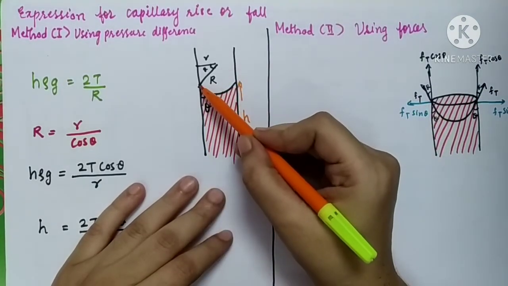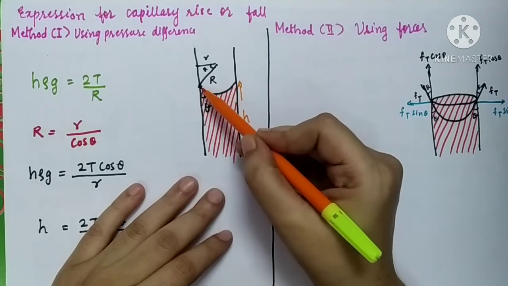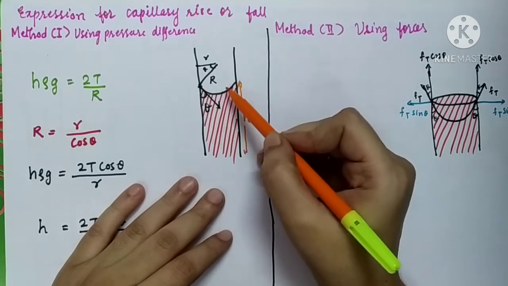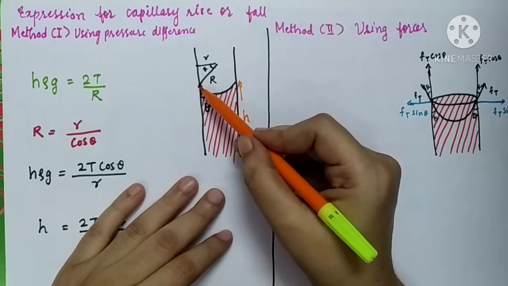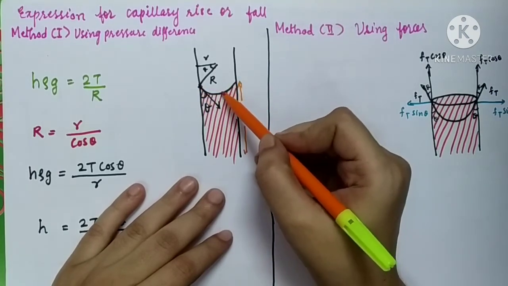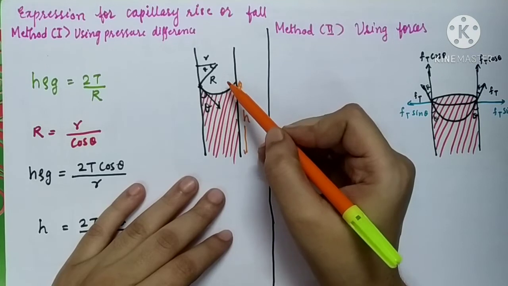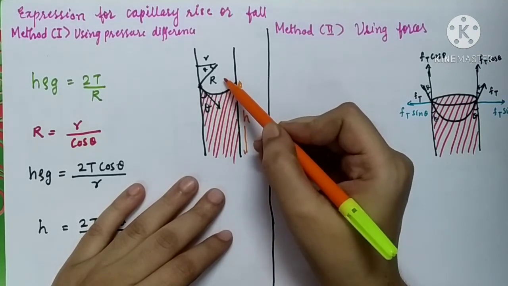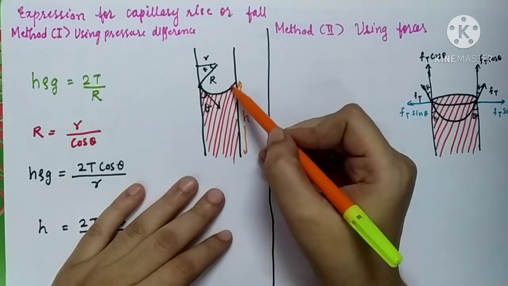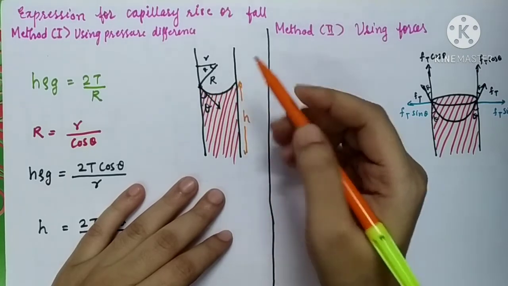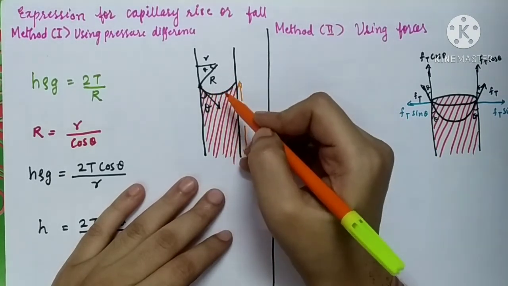Similarly, here this concave surface is a part of a sphere, or you can say it is a part of a bubble, as there is air above it. So it is a part of a sphere, and that sphere will have a certain radius.